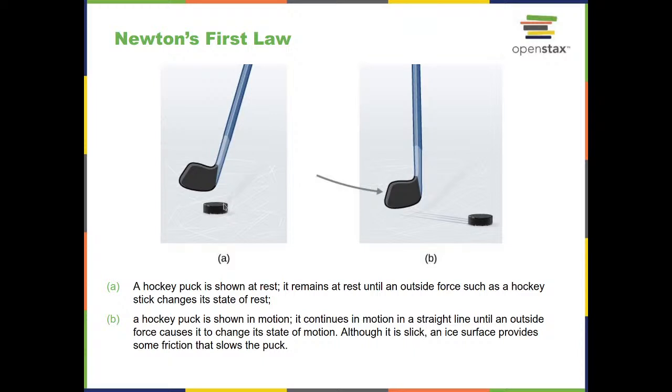So for example here, I'm glad they came up with a Canadian example in this book that ultimately comes from the US. The puck is at rest until there is a force applied to the puck, and of course the force here is the stick hitting the puck. At that time, the puck starts moving, and as soon as the hockey stick stops touching the puck, the force disappears, and the puck will now keep moving at that same velocity.